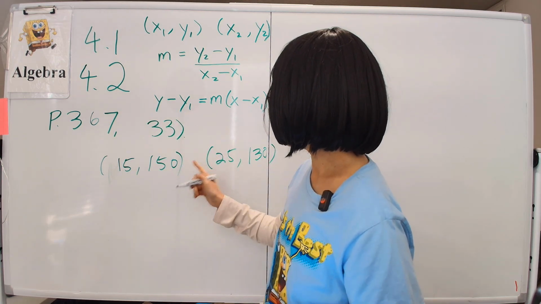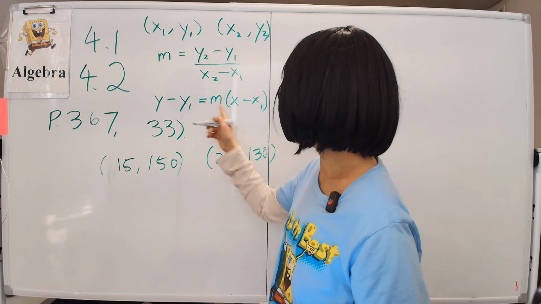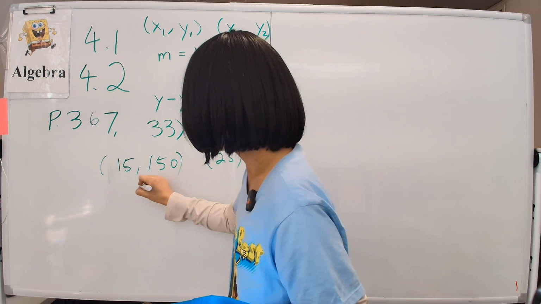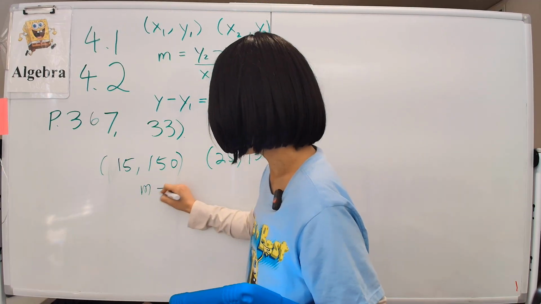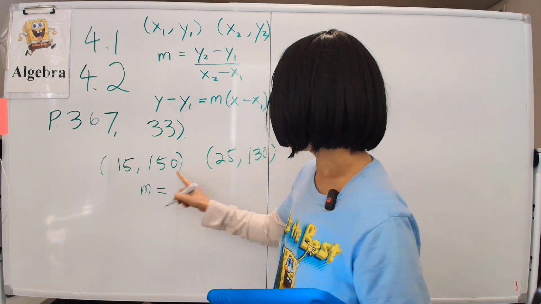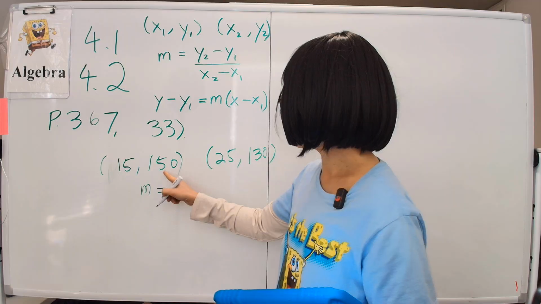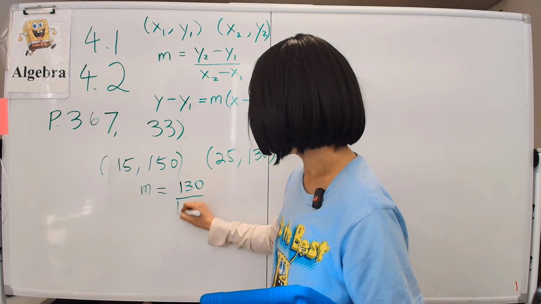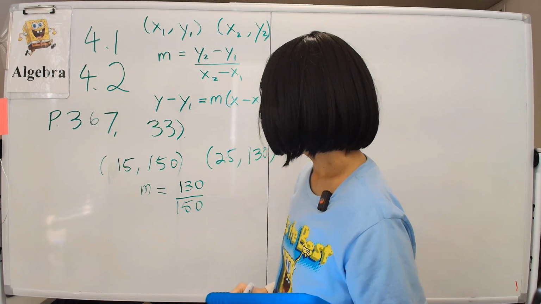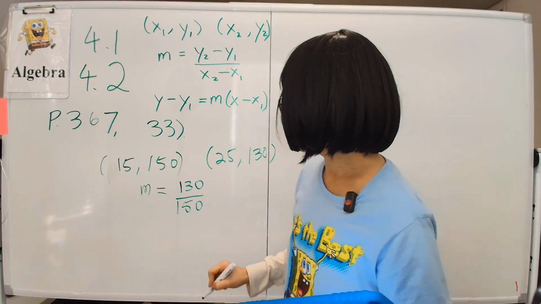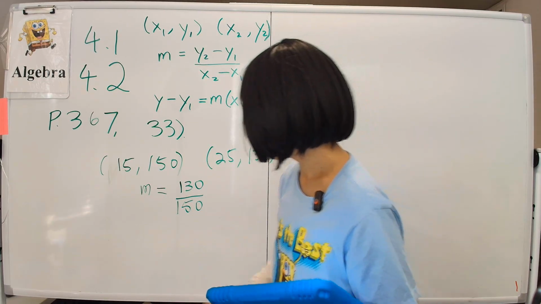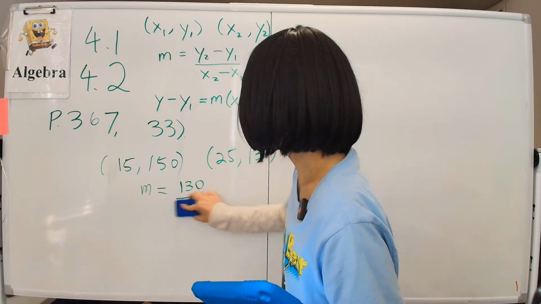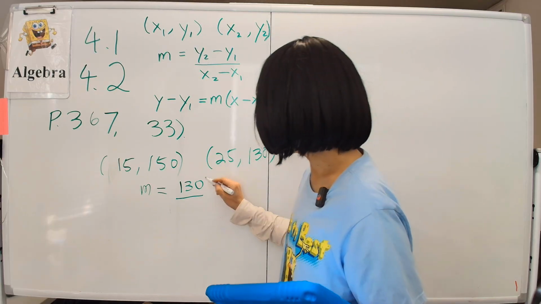To calculate that, first we need to find the slope. That is, what is m? To calculate m, we will have this one subtracted by that one. Okay, so 130 divided by 150. No, I mean subtracted: 130 minus 150.